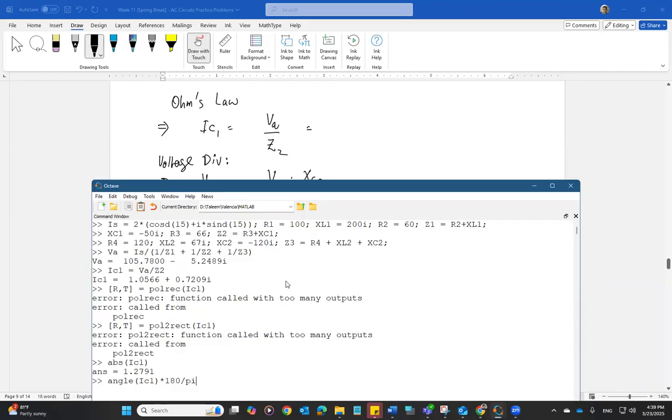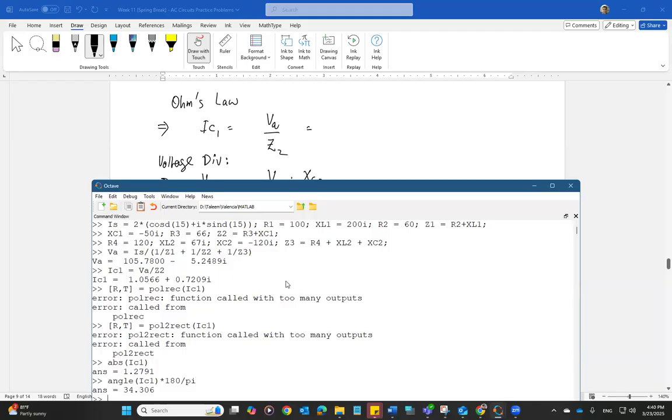You can always use the MATLAB built-in function. Actually, I'm using the incorrect function anyway. It's rectangular to polar that we have to do. I forgot the function in MATLAB, the built-in function, but I wrote a few functions anyway.